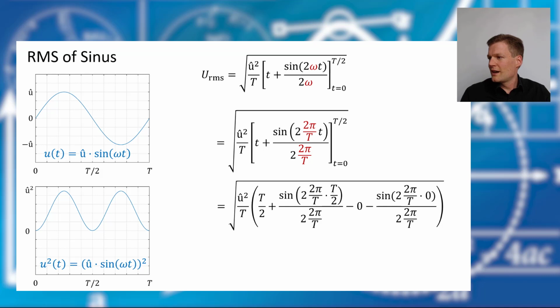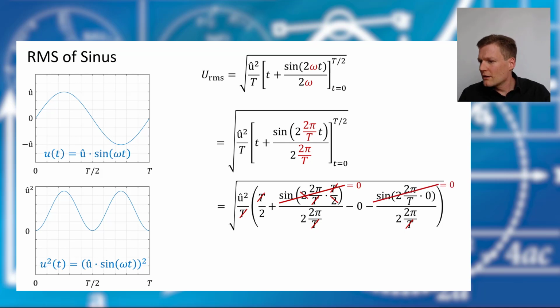We see we get rid of this T here, and we get rid of these 2's, and we get rid of these T's. And now you see we have sine of 2 pi, that is 0. And then we have sine of 0, that is 0.